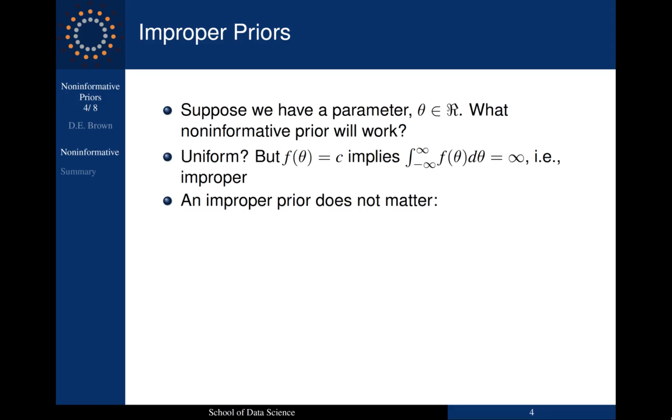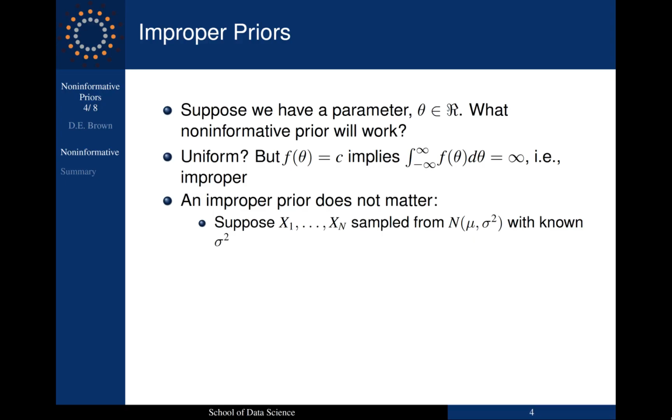But an improper prior distribution, in this case, doesn't really matter to us because of the way that Bayes' rule works. And we can see this again with a simple example. Suppose we have a random variable x that's sampled at n points, and it's from a uniform distribution. And the uniform has a mean of mu and a variance of sigma squared.